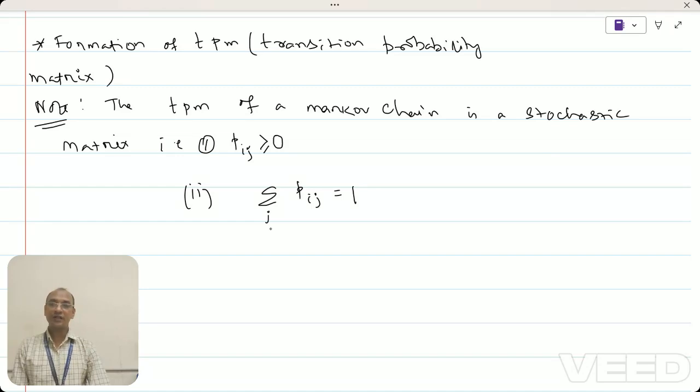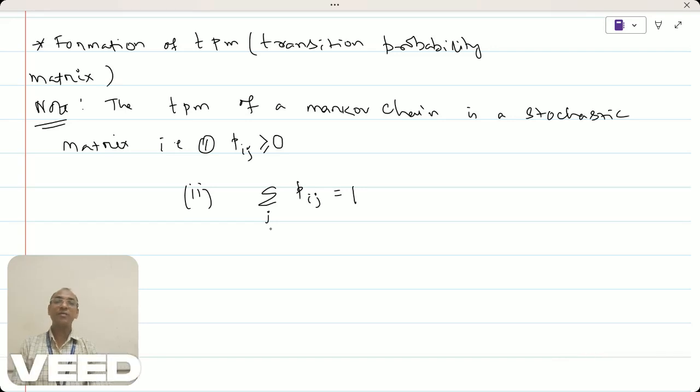If these two conditions hold, then we can say the matrix is a stochastic matrix. So when we are constructing the transition probability matrix for a Markov chain, we should always see that the matrix is stochastic. That means each entry should be non-negative and the sum of the entries in a row, not in a column, must be 1. It should not be more than 1. Then we can have the transition probability matrix.